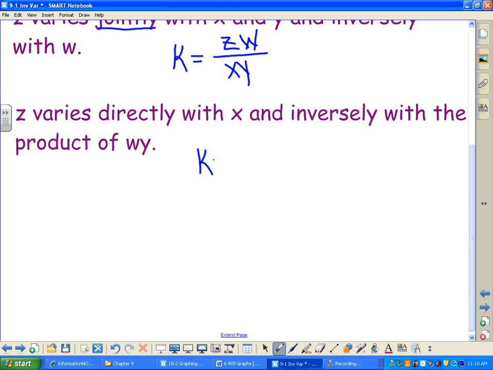That's it. K is equal to y over x. Any questions on that? Yes. Yes, because usually what's going to happen next is then they're going to say, if z equals 5 when w equals 3 and y equals 2 and x equals 4, find w when, and they'll give you z, y, and x, and then you'll just have to find it from there. Okay?